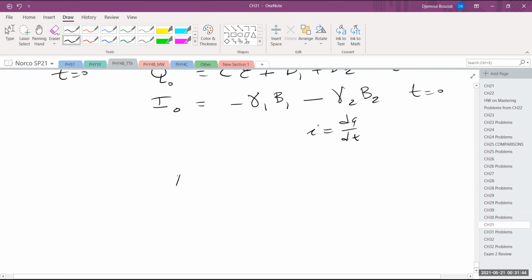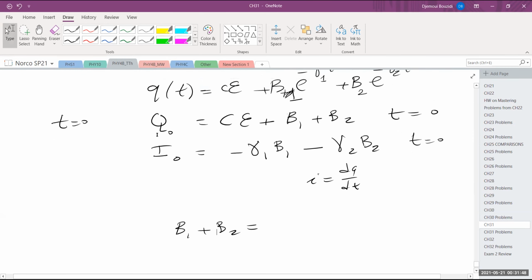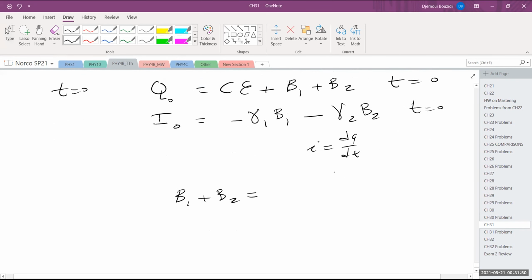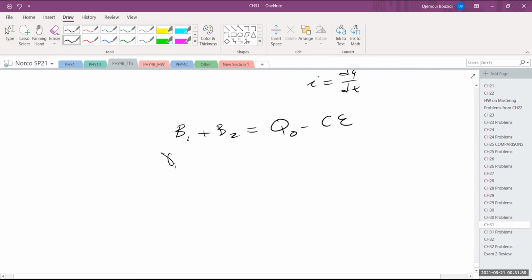So basically, the first equation says b1 plus b2 is equal to q naught minus C epsilon. And the second equation says negative gamma 1 b1 minus gamma 2 b2 is equal to I naught.